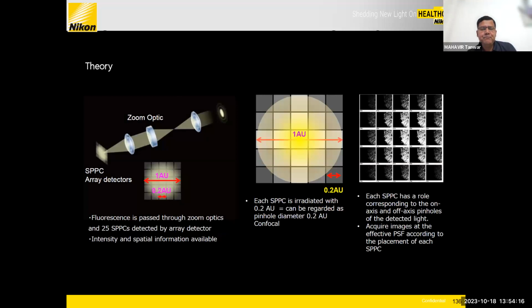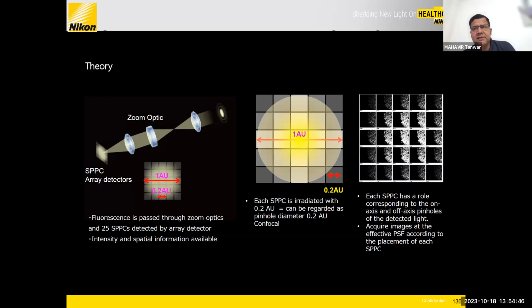So what we are doing, we are having this detector as an array of 25 detectors. It is not just one. So we have 25 detectors in which each element of the detector is 0.2 Airy unit. Now, one Airy unit means a standard confocal. But if we reduce the pinhole, it becomes 0.2 Airy unit. In the confocal session I was talking about reducing the pinhole.